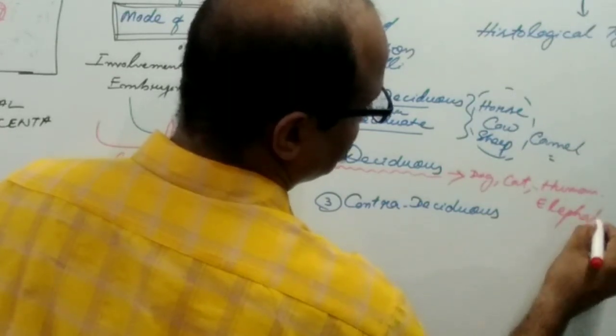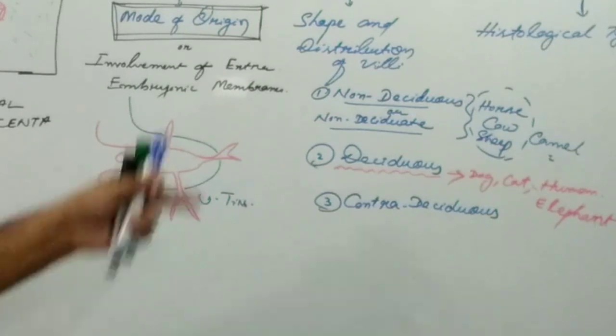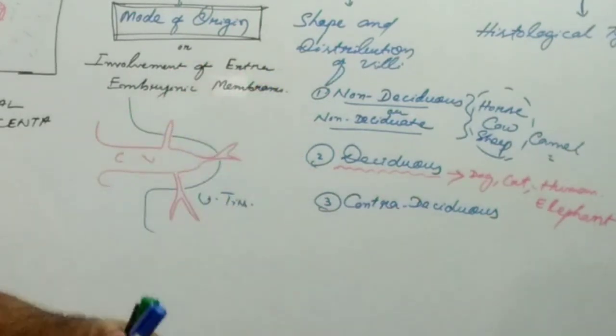These are some of the examples. In non-deciduate there is no intimacy, in deciduous there is intimacy.